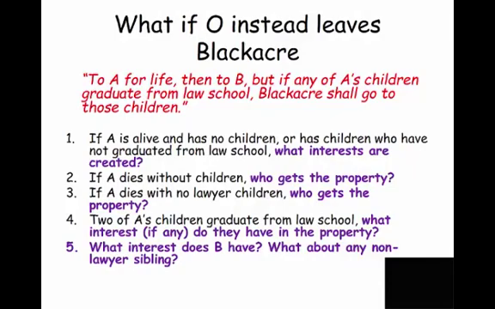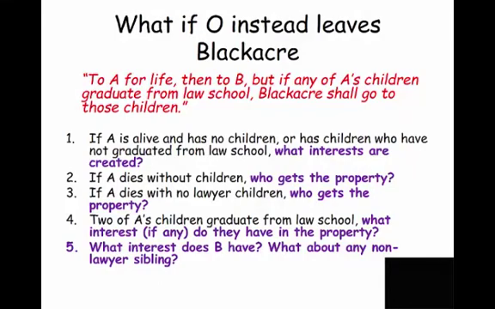So if A has no children, then there's nobody to have the executory interest, right? And if A dies without children, B just keeps the property. If A dies with no lawyer children, again, B keeps the property here. If any of A's children graduate from law school, that executory interest will deprive B of the property, and the children will take the property.